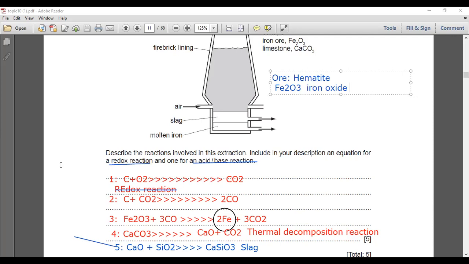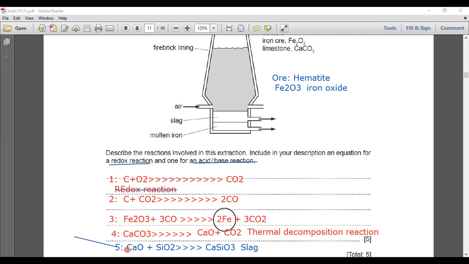What I can say here about these reactions, you must be aware of the name of each reaction. Number 1 is a redox reaction because carbon has been oxidized, because carbon gains oxygen in the chemical reaction, which you can see in equation number 1. In equation number 4, this is a thermal decomposition reaction because calcium carbonate, which is limestone, can decompose by heating to form CaO plus CO2.